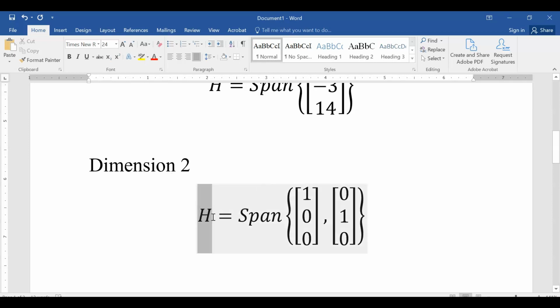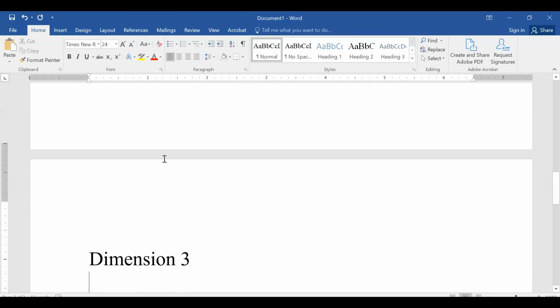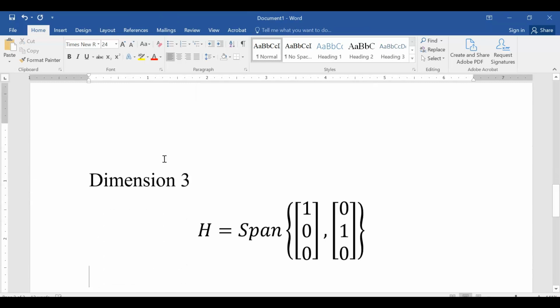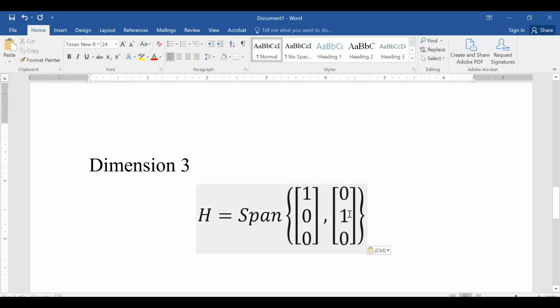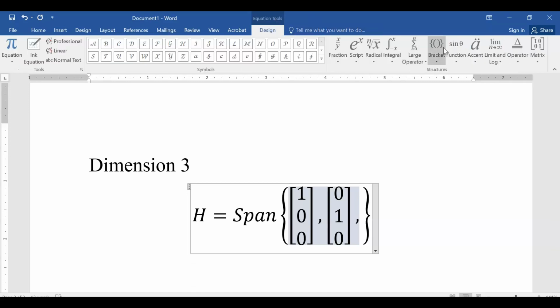Now that's going to kind of be how we do dimension 3 as well. We're just going to take the span, instead of using 2 vectors, we're going to use 3 vectors.